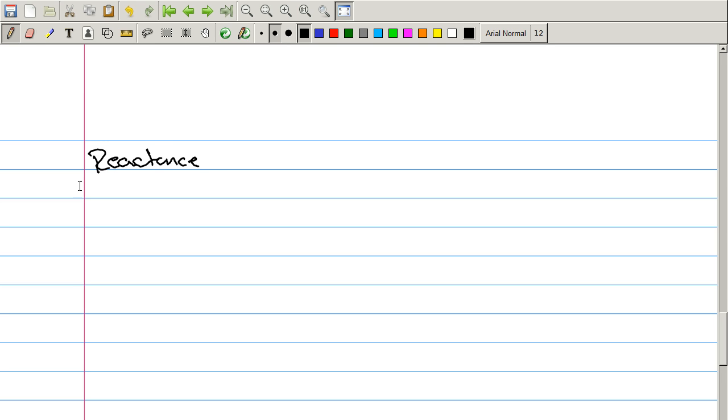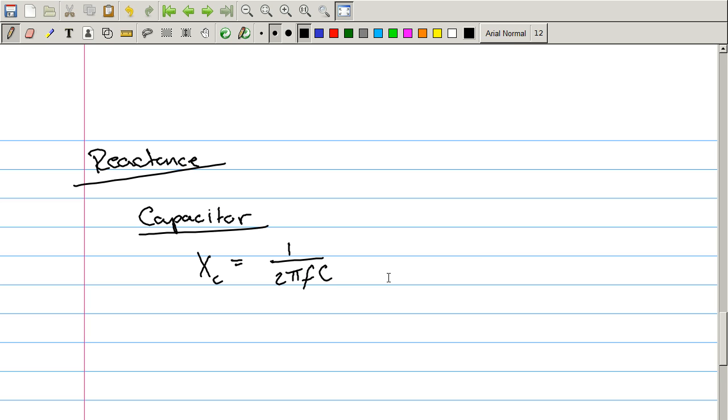So let's talk about reactance. Remember, reactance causes a phase shift. It causes the current to be out of phase with voltage. For the capacitor, reactance is given by 1 over 2 pi FC.